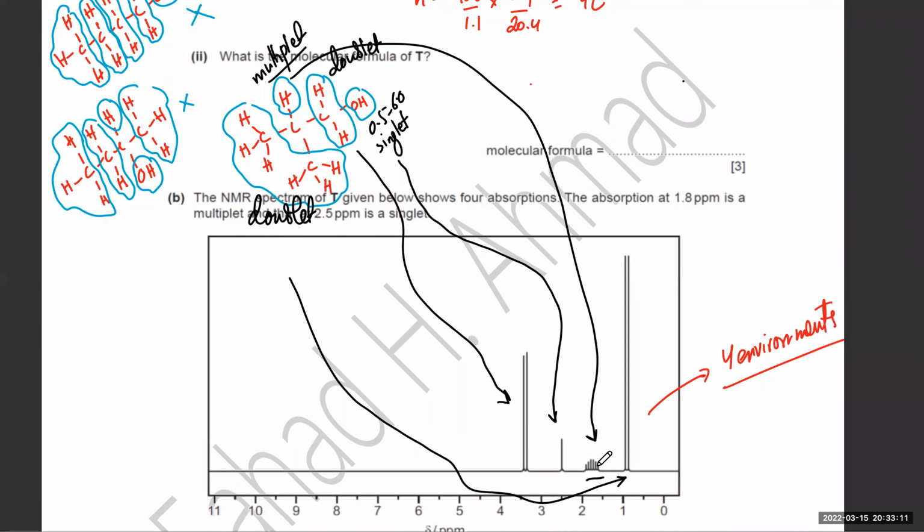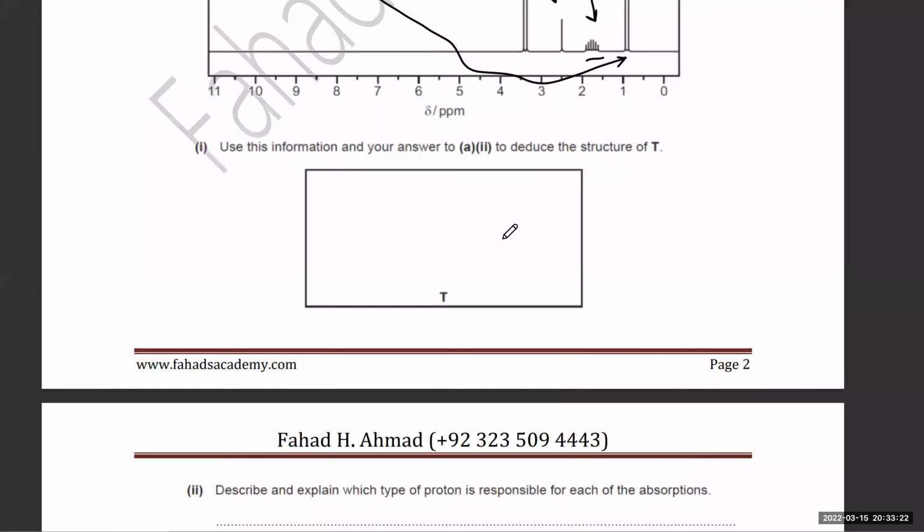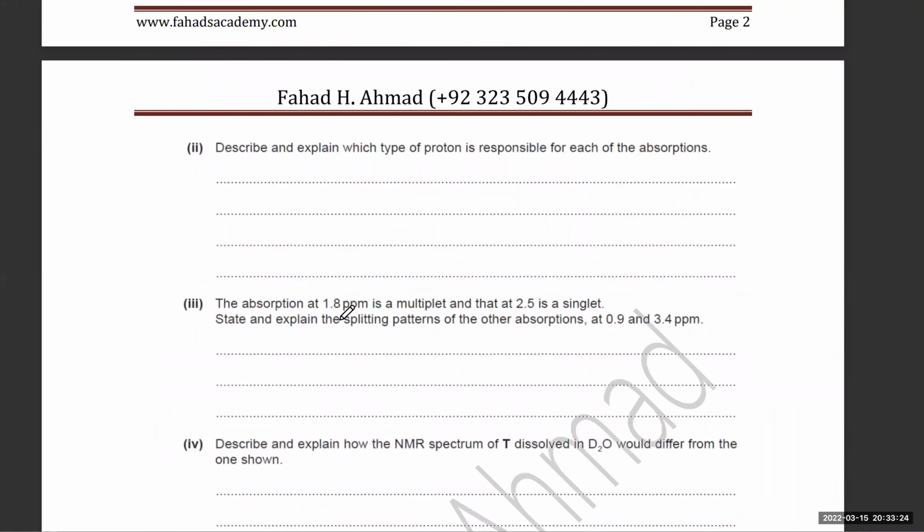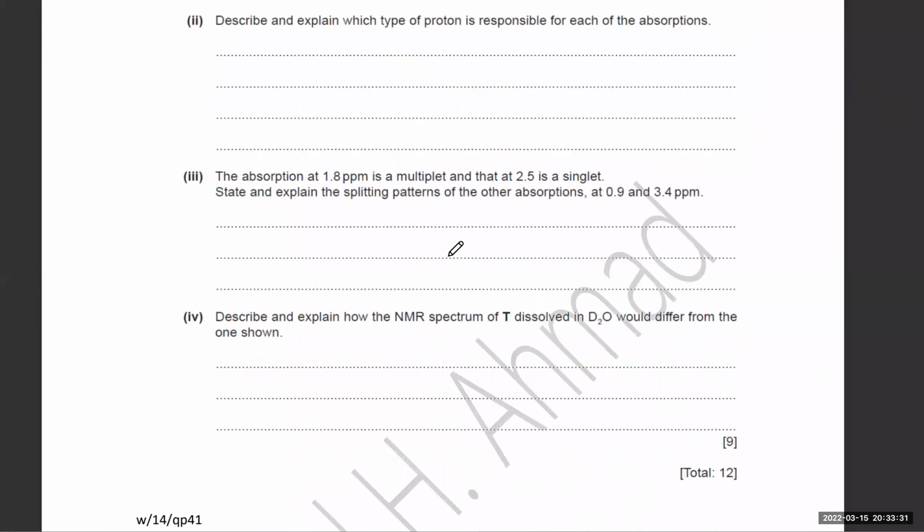Then he's going to ask you what this one is. That's again CH, this one. Or you can draw a diagram like this and say that this is this one, this is this one. So you can just quote the chemical shift values. And he's talking about the splitting pattern. We just discussed the splitting pattern, so you can just quote that.